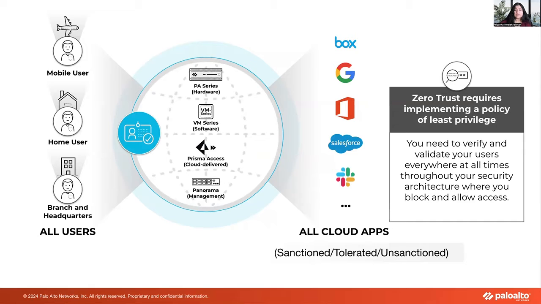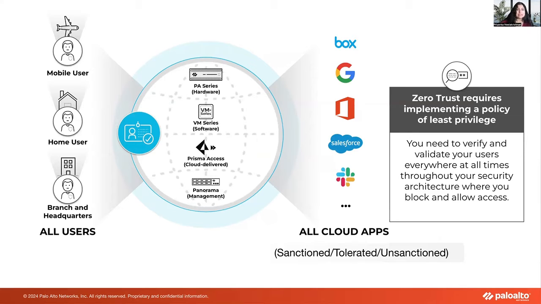Zero Trust emphasizes continuous monitoring and authentication of users, devices, and applications. This approach helps in detecting and responding to threats in real time rather than relying solely on static security measures.